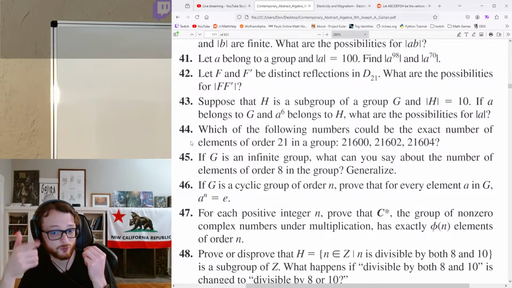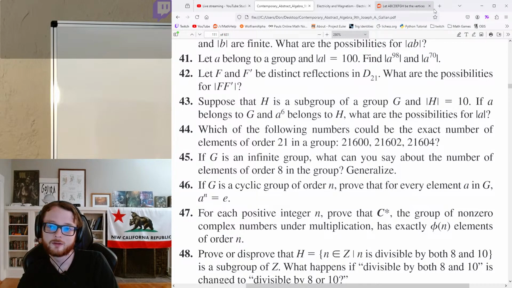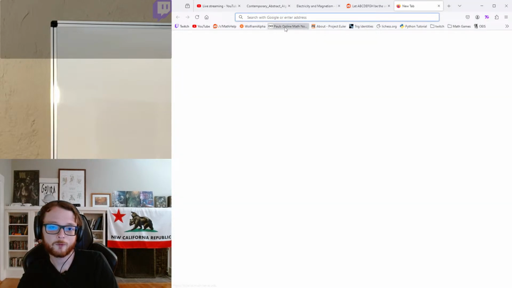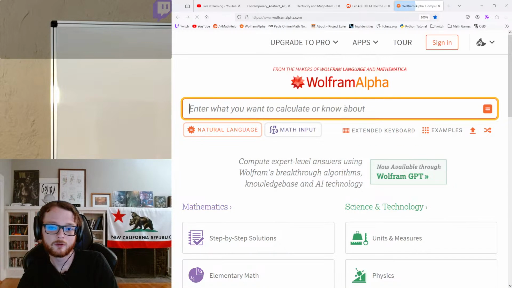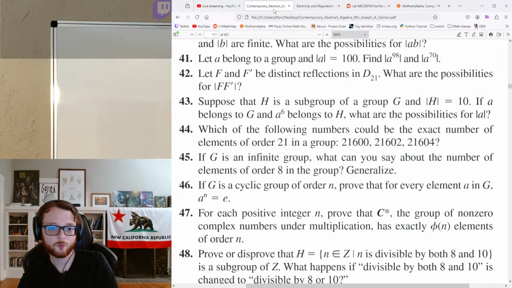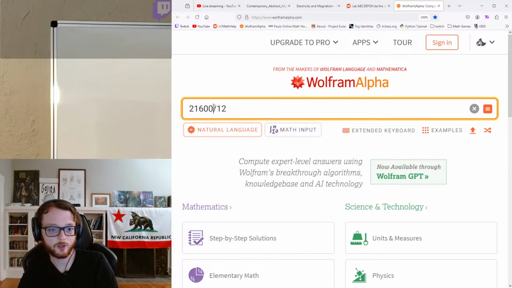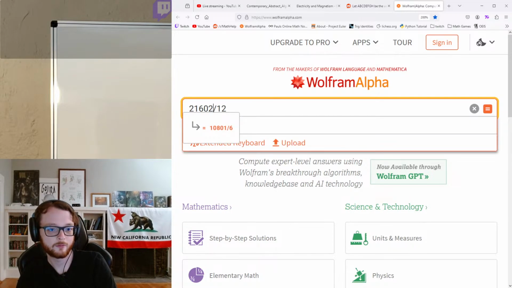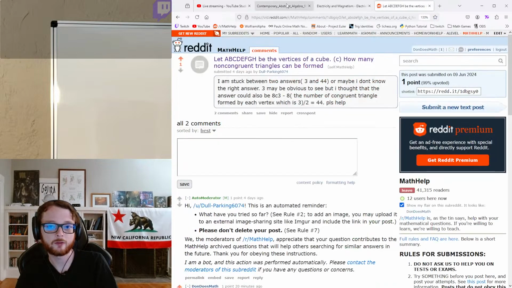Which one is the multiple of 12? And that's a job for Wolfram. For 12, that's 1800. So I assume it's that one, but I guess we need to consider each of these individually. None of these other two are going to be multiples of 12, right? Okay. So just 21,600.